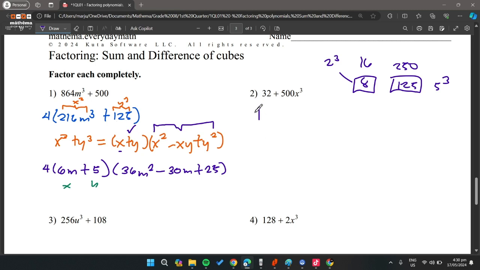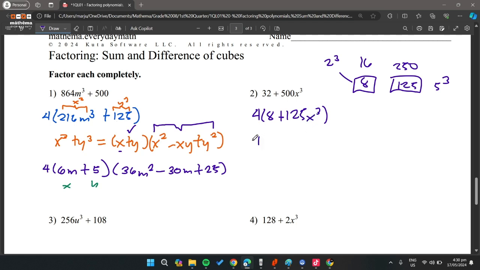So, we can actually do it this way. We have 4 times the quantity of 8 plus 125x cubed. And then we factor out 8 plus 125x cubed.